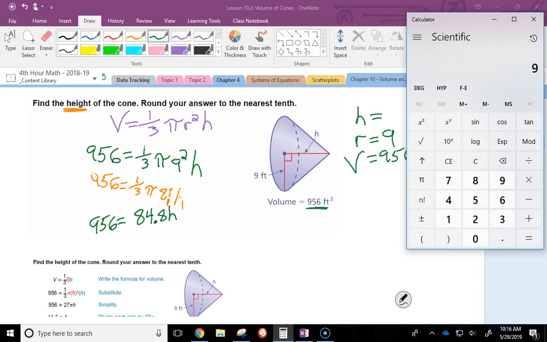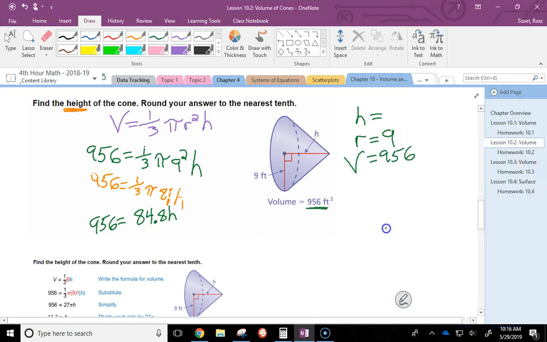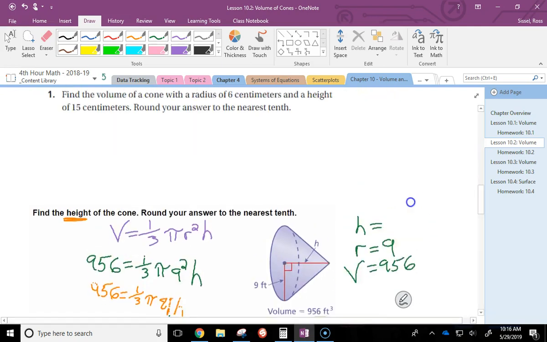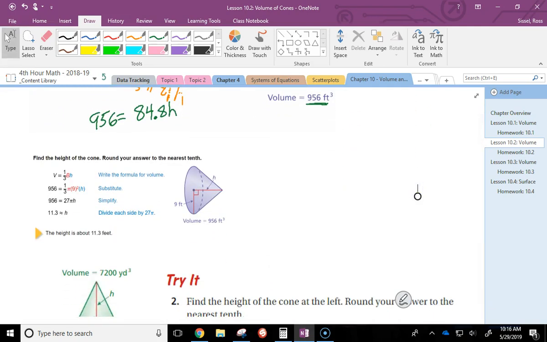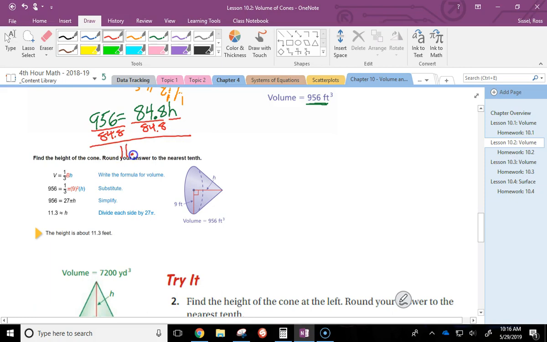So I take 956, divide it by 84.8, and I should get somewhere about 11.3 if we round to the nearest tenth.